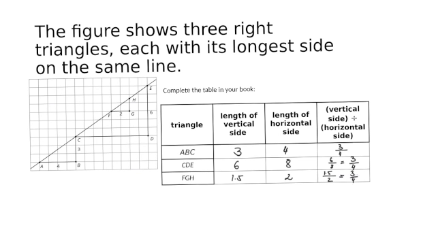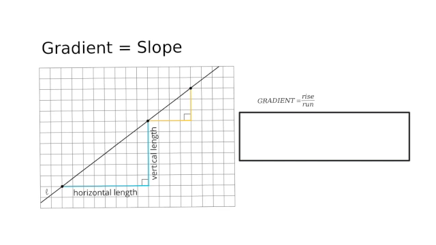So what I want to point out here is that no matter which triangle you're looking at, which size and where the points are on the line, this ratio of rise over run, or vertical to horizontal side, is always the same. So what we just found here is the gradient.